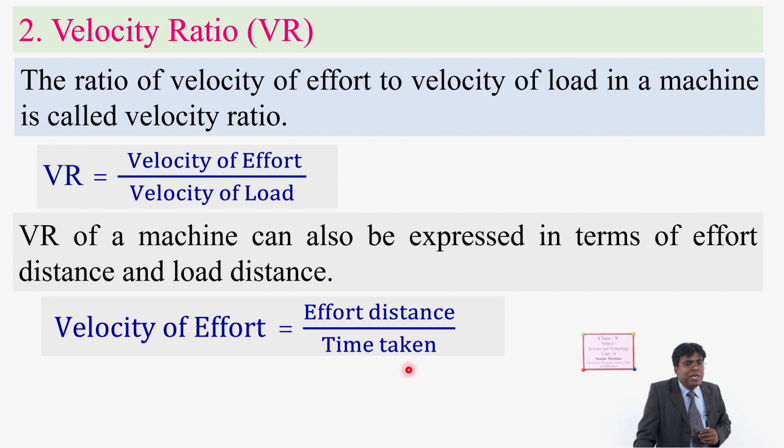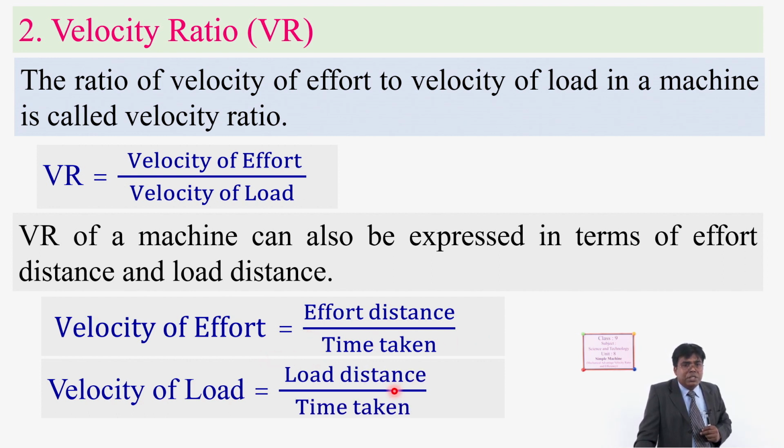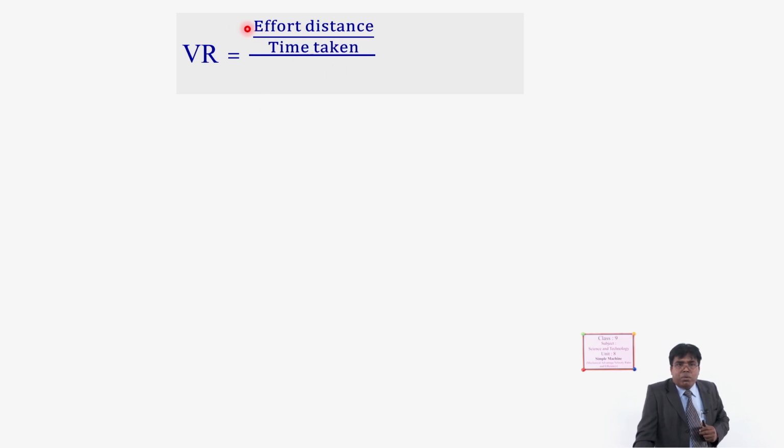So effort distance by time taken. In the same way, velocity of load. So that is load distance or distance moved by load by time taken. If you place this value in this formula, what will we get? Yes, let's see here. So velocity of effort, that is effort distance by time taken. Velocity of load, that is load distance by time taken.